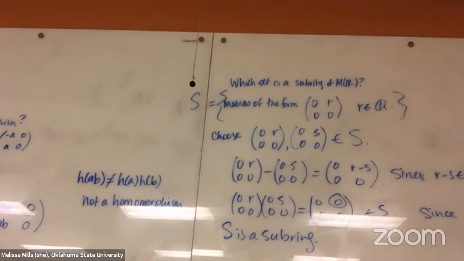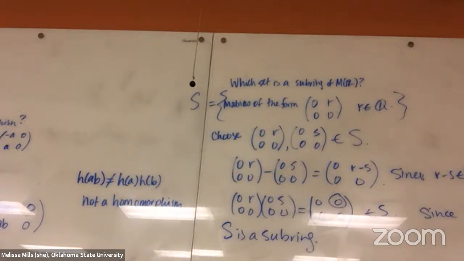Yeah, I remember that. If you do (a, 0; 0, 0) times (1, 0; 0, 0), you have to check left and right because it's not commutative. You get an a up here and zeros everywhere else, and you have to check the other side just to make sure. You'll get (a, 0; 0, 0).